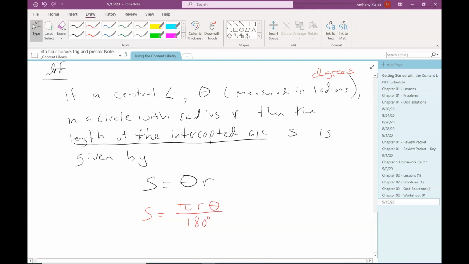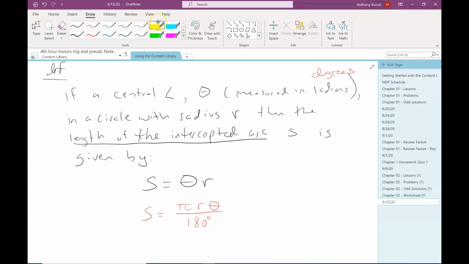That's all we've really done here to change the formula. So in this case, I have an angle in degrees. To turn it into radians, I multiplied it by pi over 180. That's all it is. It's the same formula, it's just got that extra conversion factor stuck in it.